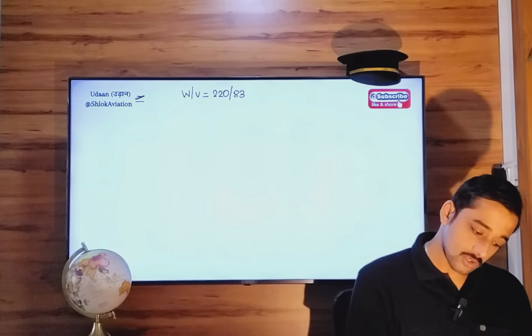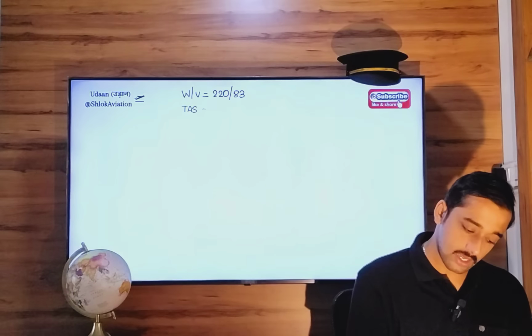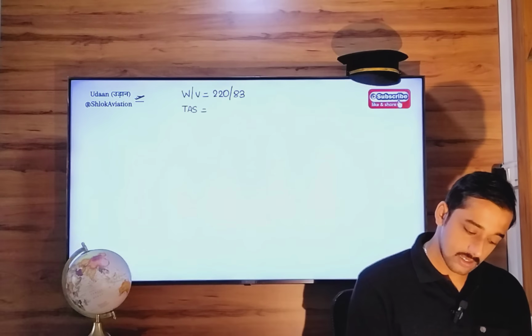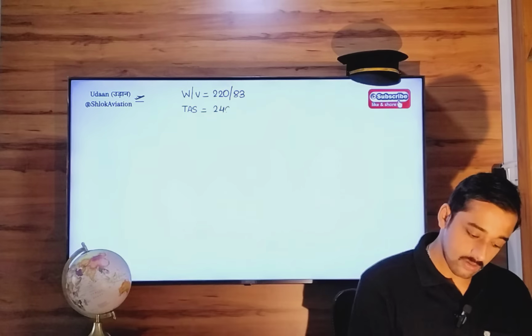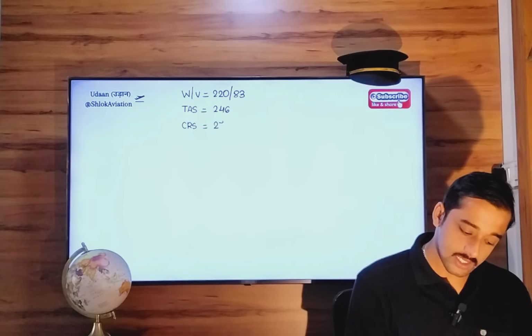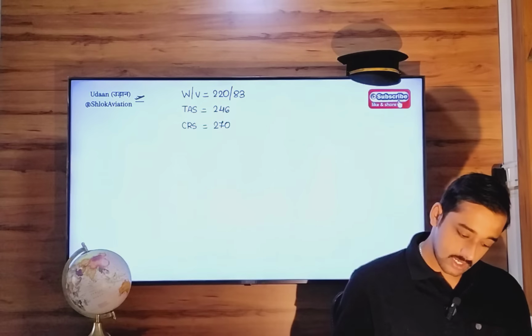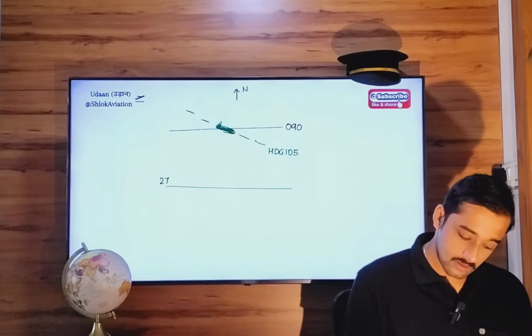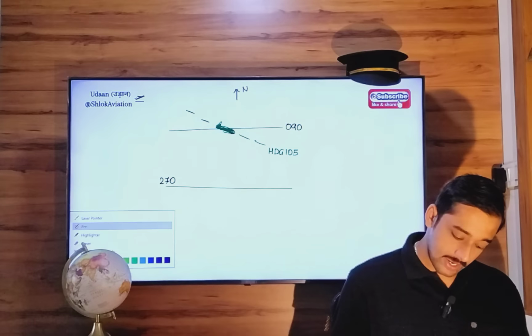Next up, now true airspeed is again the same thing. True airspeed is 246 knots, right? Course or track is 270, opposite, right? So this is the opposite track. Heading of this aircraft will be what?